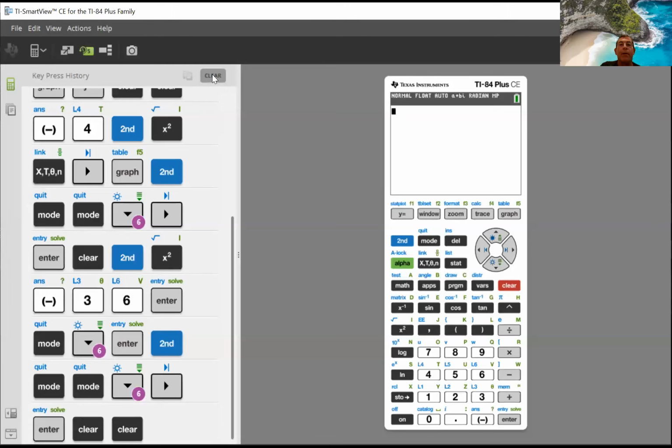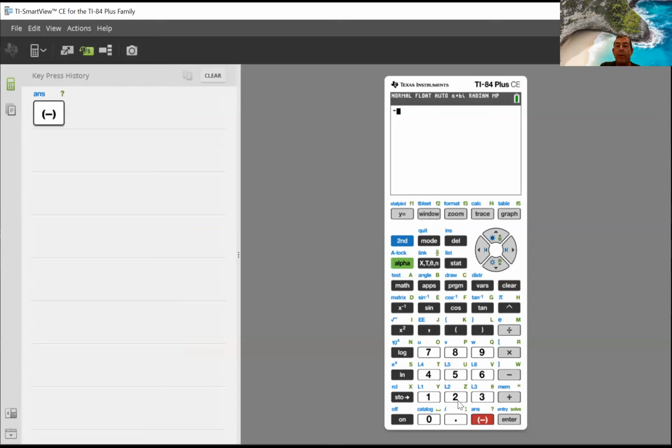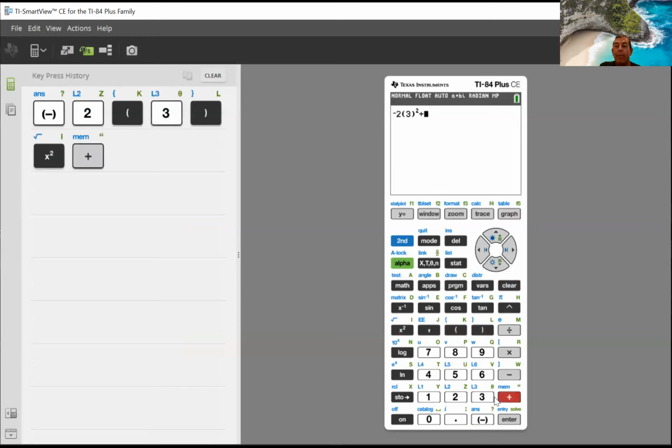So let me clear everything off. So I had negative 2 times parentheses 3 squared, plus 12 times 3, minus 14.